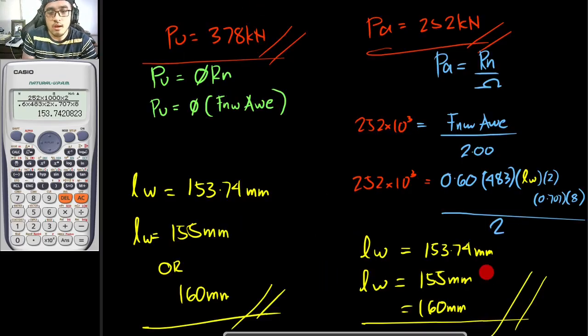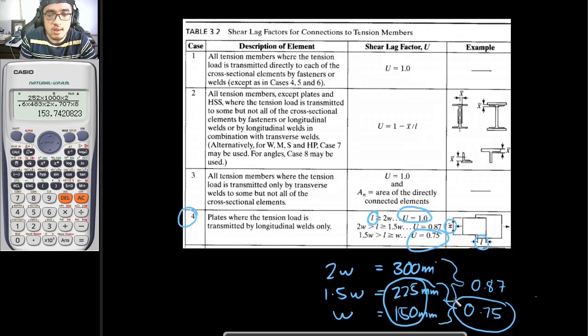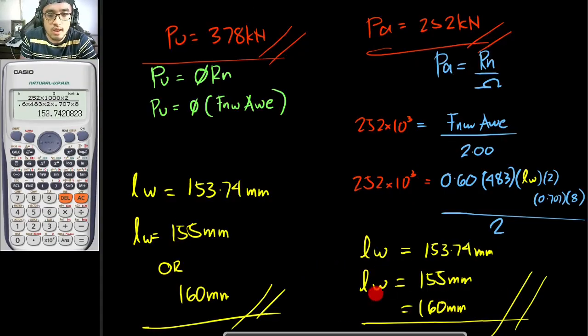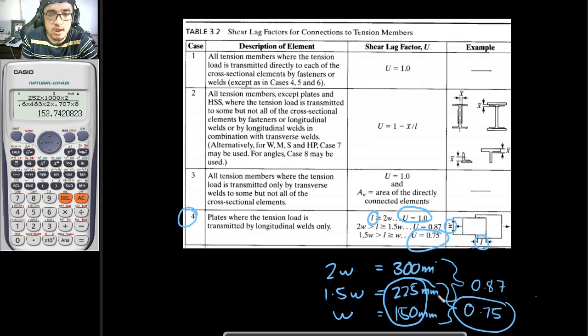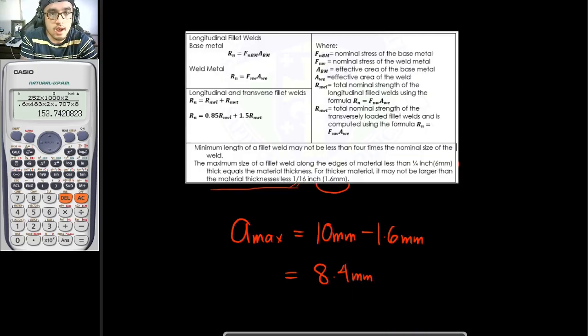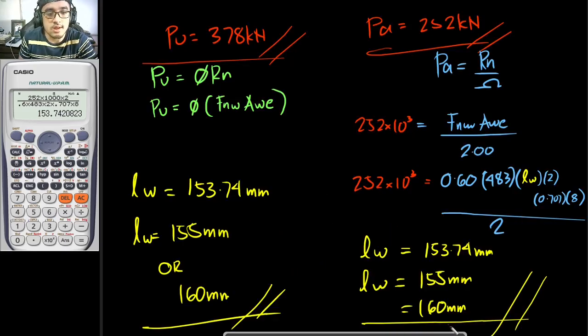The length of the weld that I have chosen is 155, so it is correct. So my shear lag factor is really 0.75. But if not, you would just be resolving it until you choose the right shear lag factor. And since my guess is right that the length of my weld is in this range right here, we are now done with our design. So this is to be my conclusion.